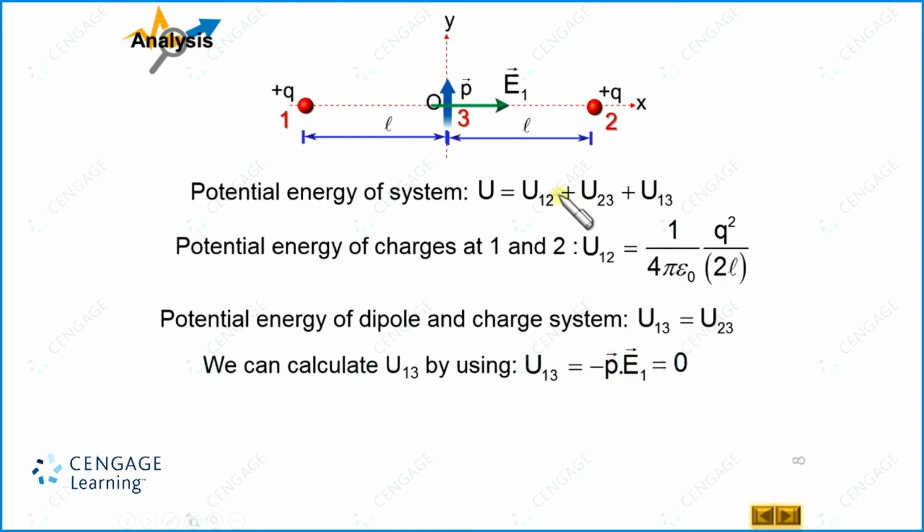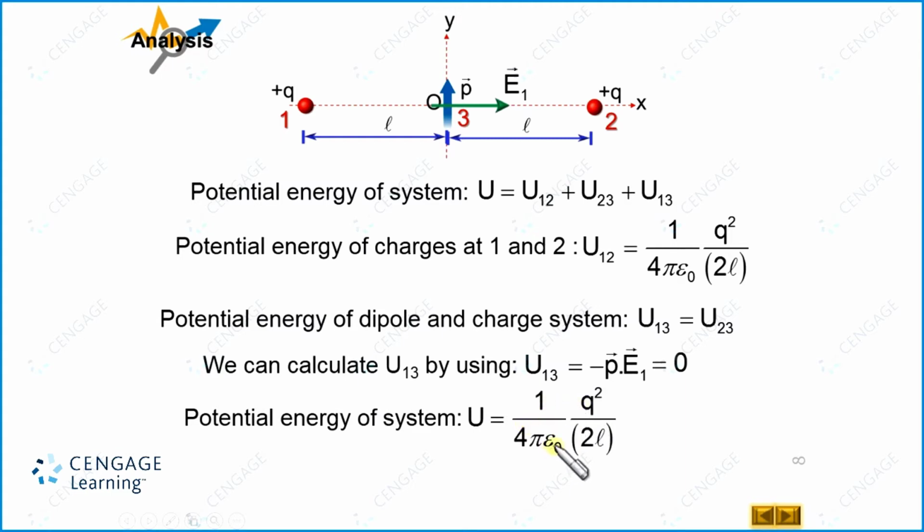So U23 and U13 will be 0. That means the potential energy of the system U equals U12, which we have calculated. So we can write the potential energy of the system U equal to 1 upon 4 pi epsilon naught Q square divided by 2L.